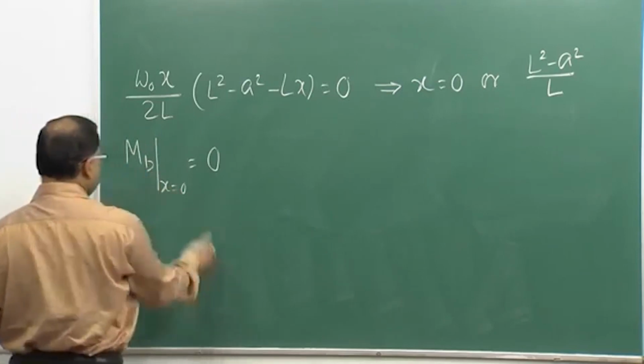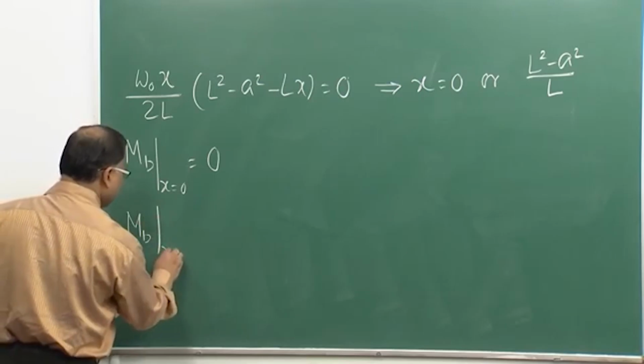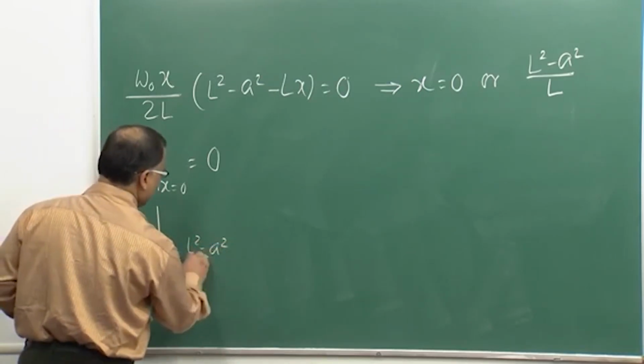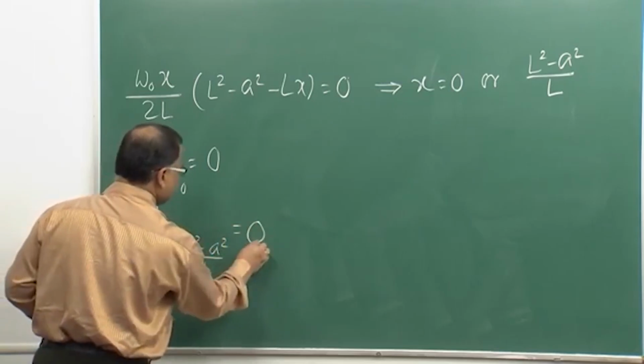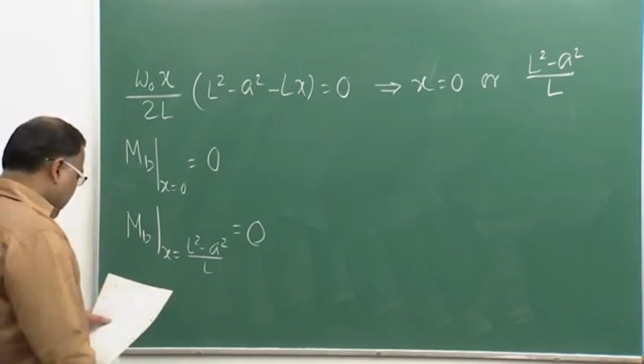So, that means M B at x equal to 0 is 0 and M B at x equal to (L square minus A square) by L is also equal to 0. Fine.